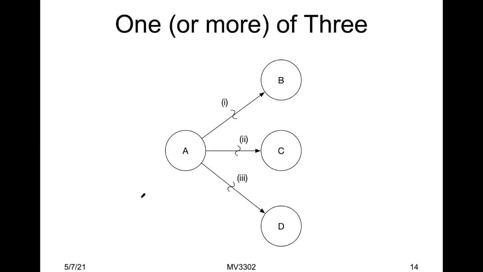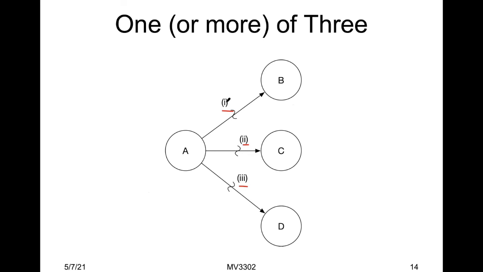Now, supposing I'm in a situation where I have some complex logic, and I want to execute one or more of 3 events. So now I have 3 Boolean conditions here. When event A occurs, every one of these that's true will schedule the corresponding event.